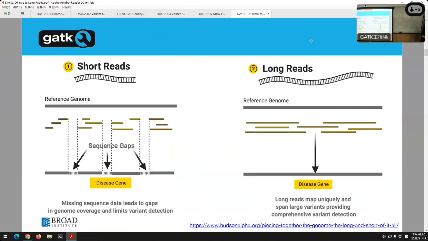But long reads are usually around 20 kilobases long, so 20,000 bases, although that can range from about 10,000 to 100,000 bases. So they're able to fully span repetitive regions and be anchored to a unique sequence on either side. And finally, we can sequence and detect variation in those repetitive regions.